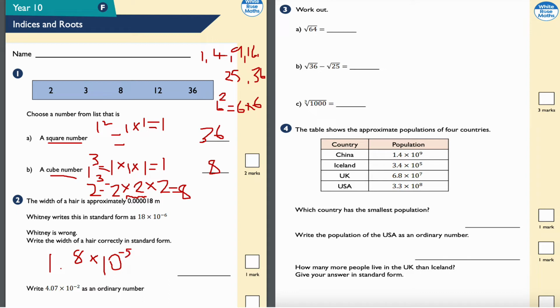Now, both of these are the same, but essentially this is not written in proper standard form. So it's going to be a number between 1 and 10, so bigger than or equal to 1 and less than 10, times 10 to the power of something. So it's the same answer it's going to give us, but that's not in standard form.